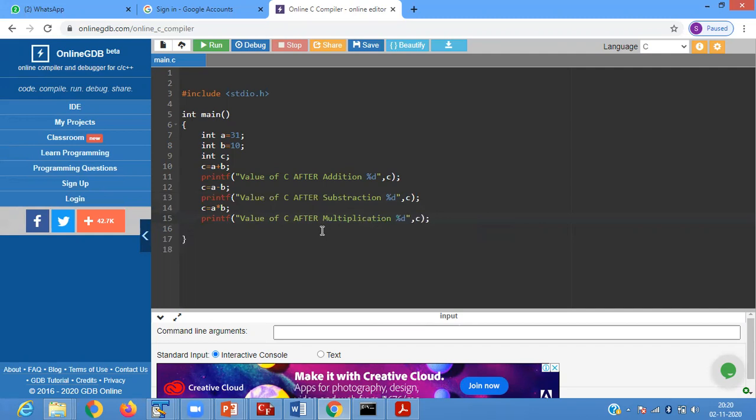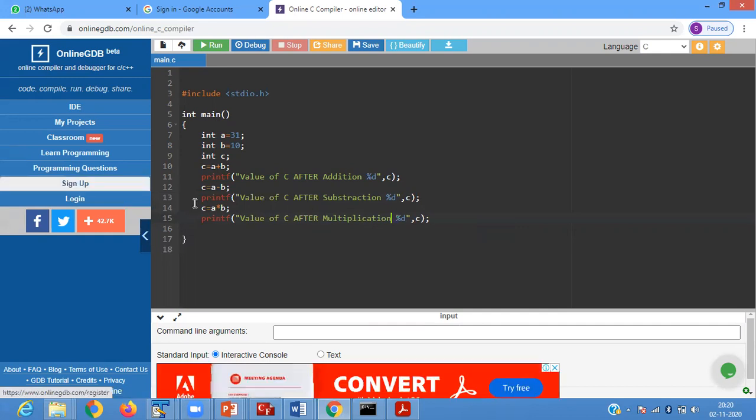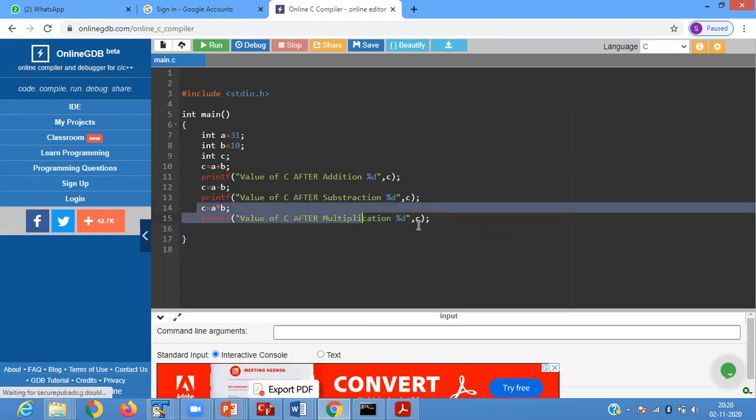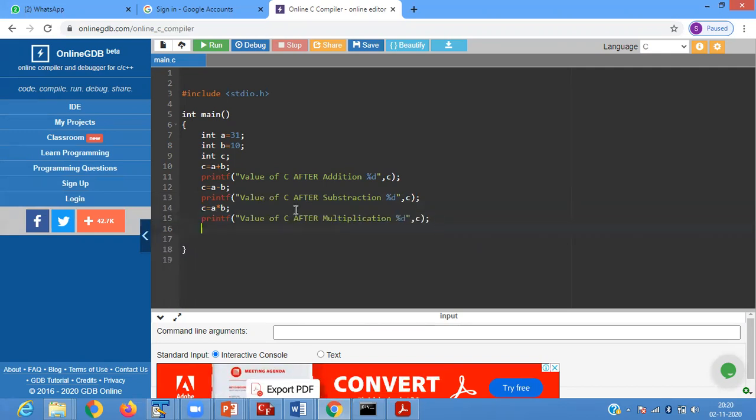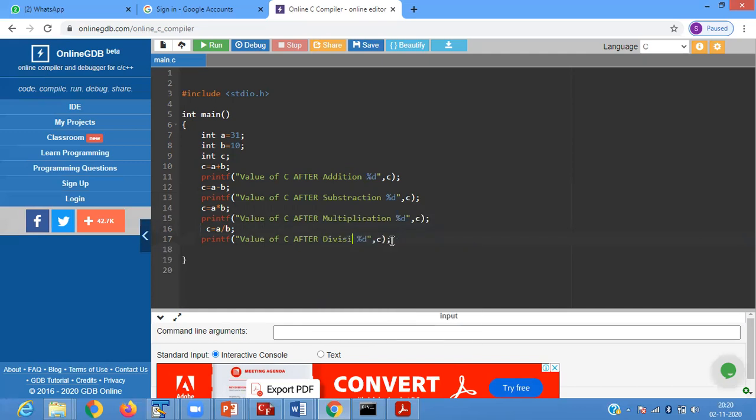Multiplication is c. Then here after division is c.